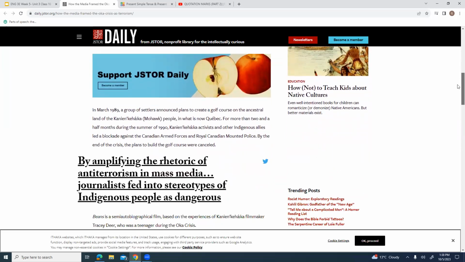So in March 1989, a group of settlers announced plans to create a golf course on the ancestral land of the Kanien'kehá:ka, the Mohawk people, in what is now known as Quebec. For more than 2.5 months during the summer of 1990, activists and other Indigenous allies led a blockade against the Canadian Armed Forces and the Royal Canadian Mounted Police.